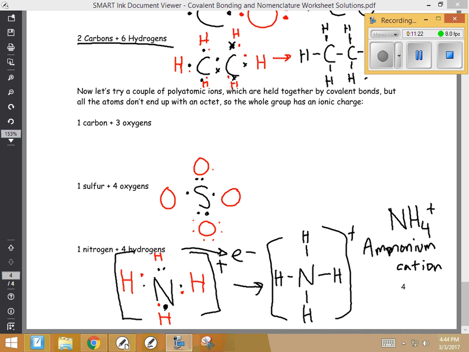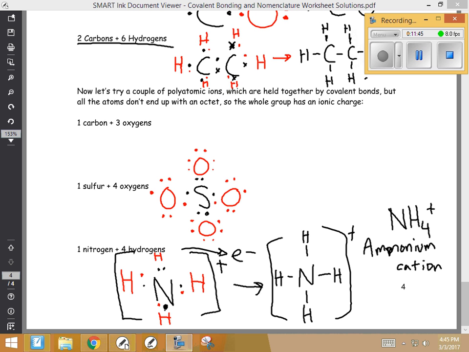That one's happy. 2, 3, 4, 5, and 6. Sulfur's happy because it has 8. And these two oxygens here and down here are happy because they both have 8.